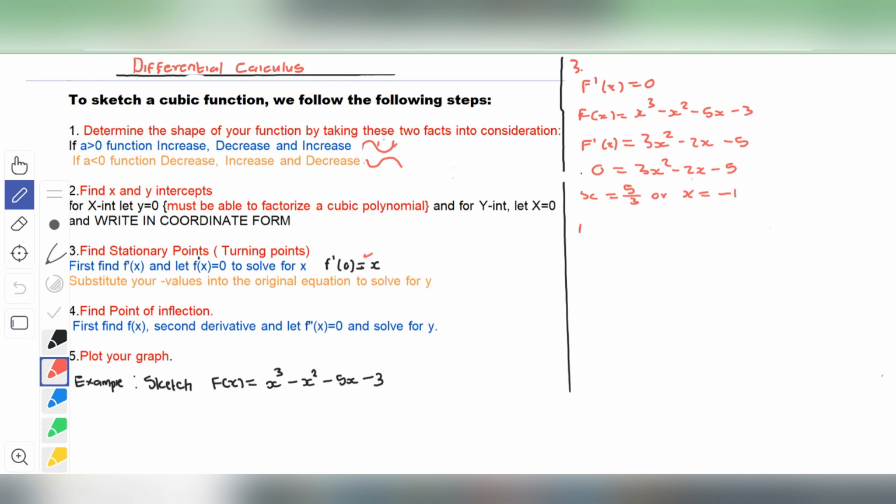So meaning for f of 5 over 3, we are going to have 5 over 3 cubed minus 5 over 3 squared minus 5 times 5 over 3, right, minus 3, which is going to give us -256 all over 27, right?